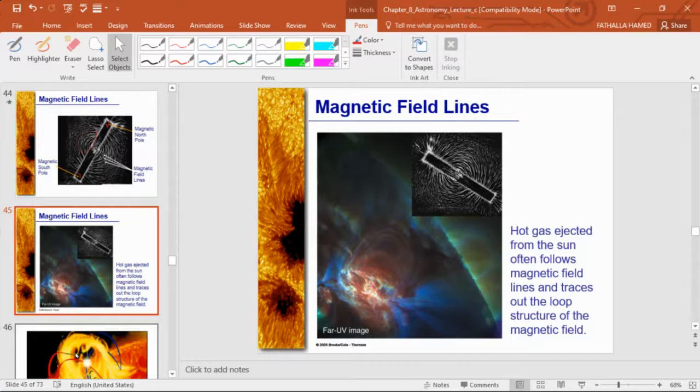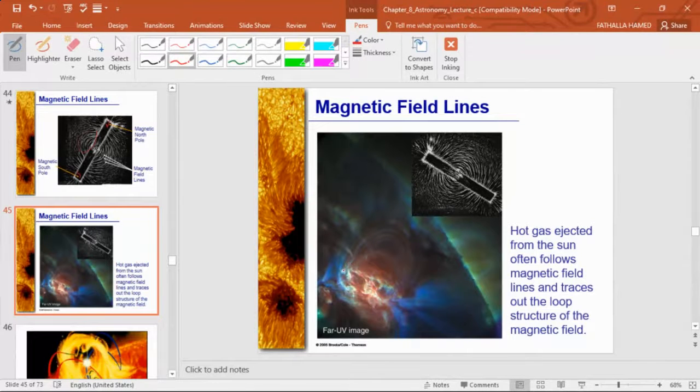Now, when it comes to the sun, we talked about this when we talked about the corona, and why the corona is very hot. We see that hot gas is ejected from below, and it does not go through the process where it cools, like what's happening in the convective zone.